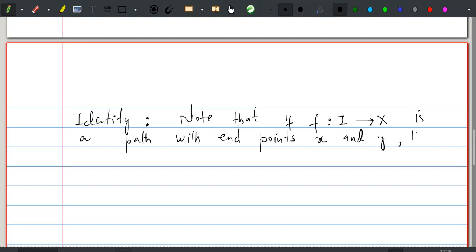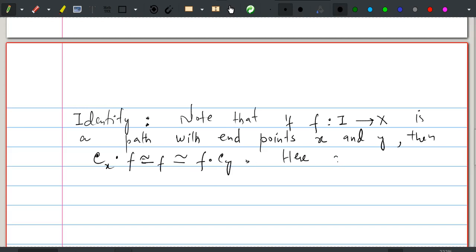then we proved that the constant path cx product with f is homotopic to f, and f is homotopic to f product with the constant path cy. But here x and y are both equal to x naught, because we are dealing with loops.